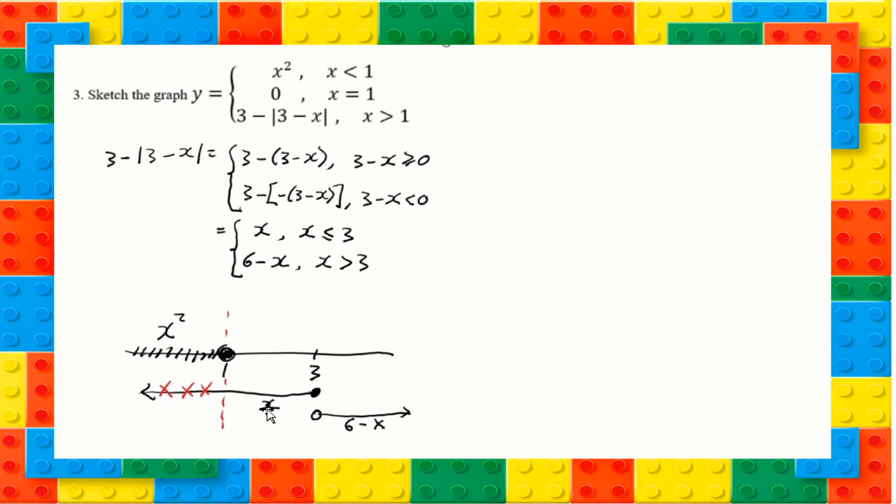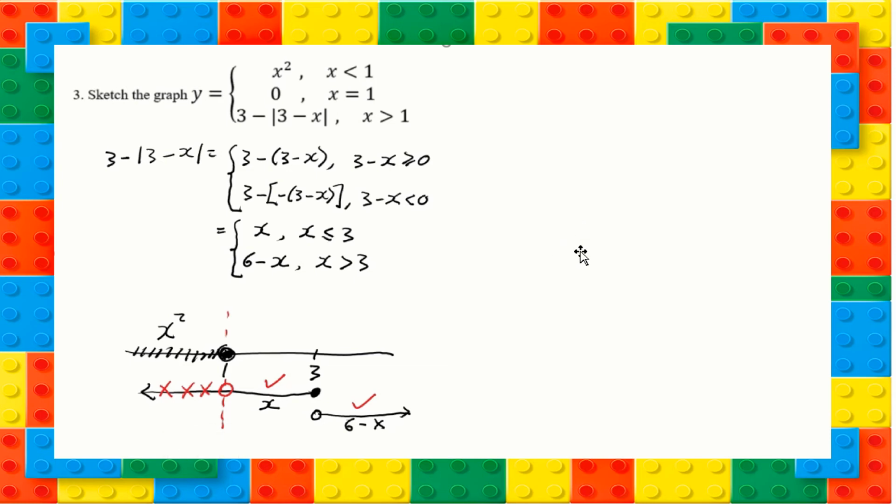So x can only start from 1, up to 3, and not included 1. Then after that, 6 minus x is available for 3 and greater than 3. So now based on this diagram, we can rewrite the piecewise function.